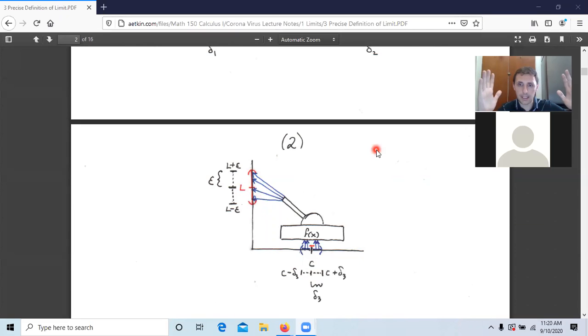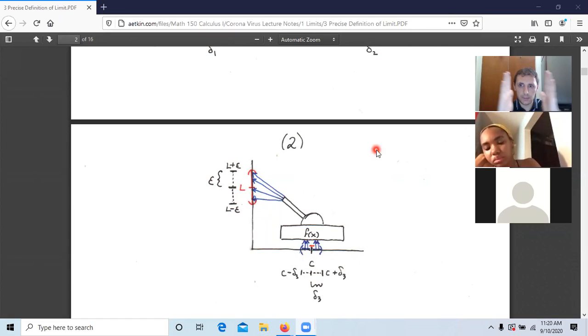If I squeeze the interval smaller and smaller around C, I expect that the blue lines that hit into the red pipe will be narrowing around the point L, which means I could take the red pipe smaller and smaller. And when I take the red pipe thinner, that means I can recognize L to a higher degree of precision.